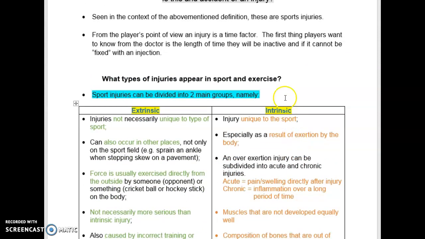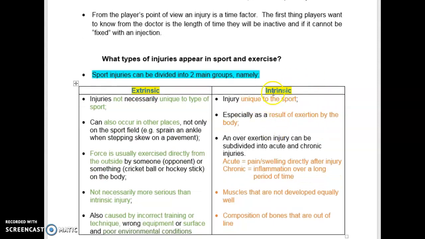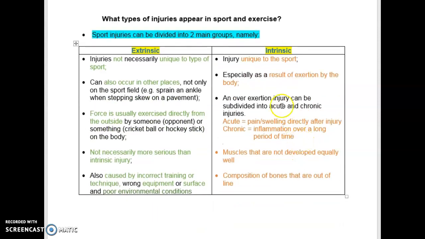Now, intrinsic is unique to that sport, especially as a result of exertion by the body, so by the internal results of yourself, not by anybody else. And this could be subdivided into acute and chronic injuries.